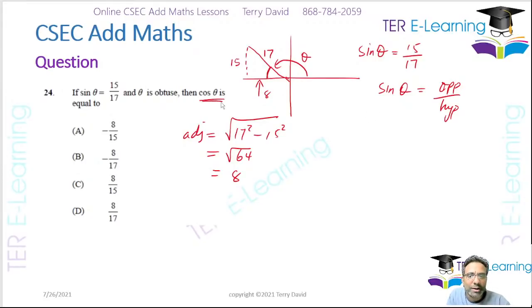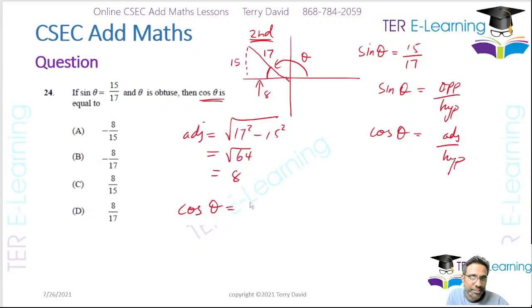Now we want to work out cos theta. Now this is in my second quadrant, right? In your second quadrant, cosine is negative. So therefore cos theta, right? Cosine is negative in my second quadrant, and cosine is adjacent over hypotenuse, right?